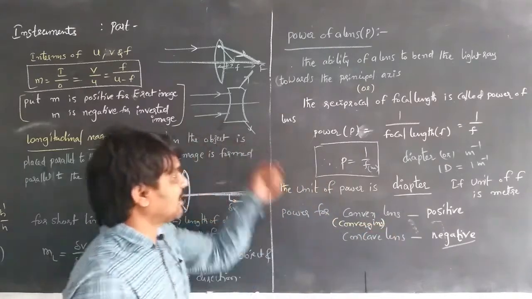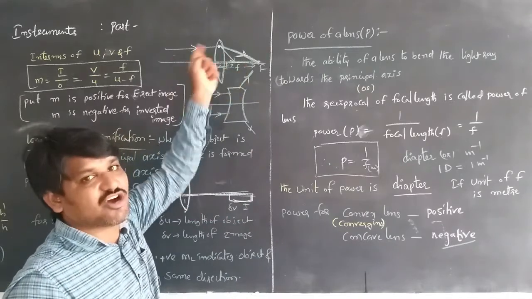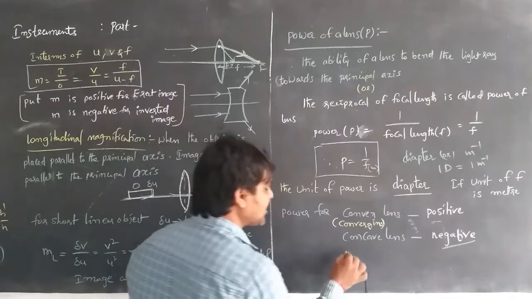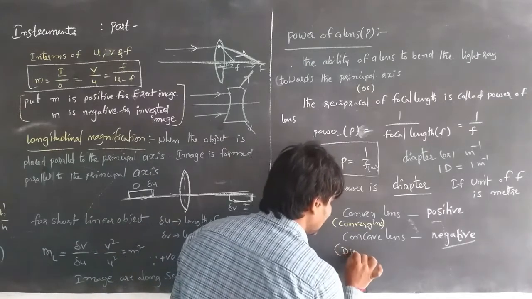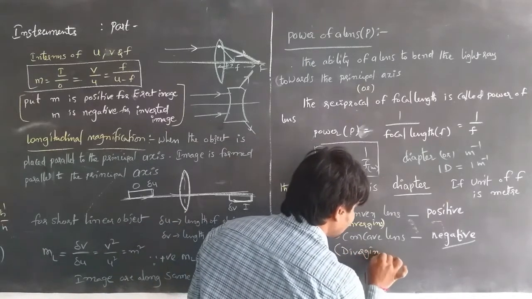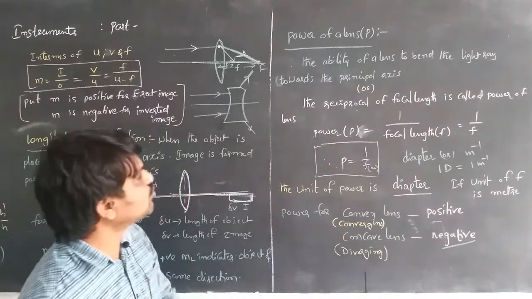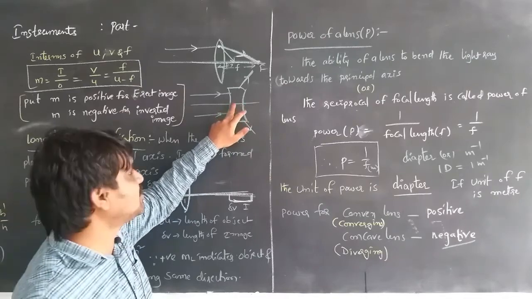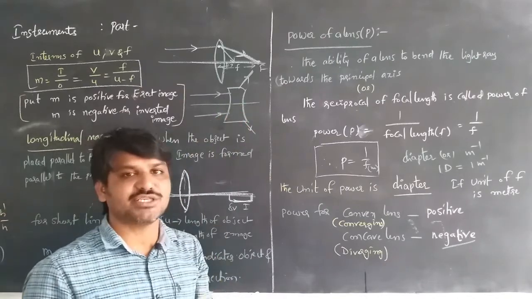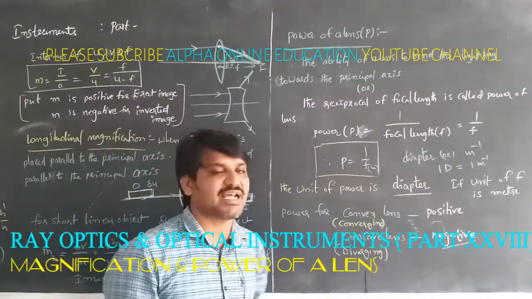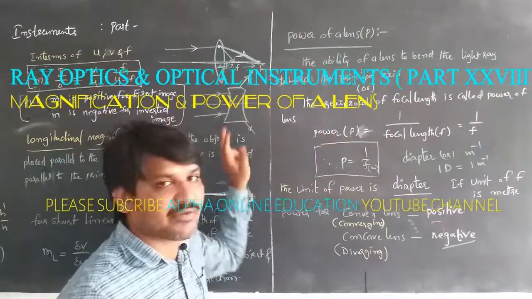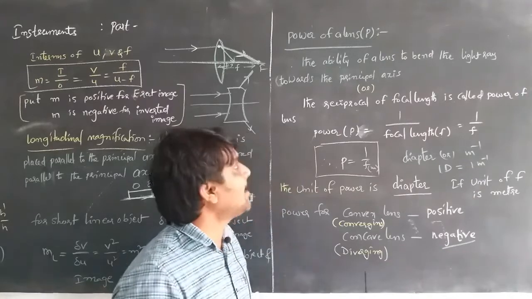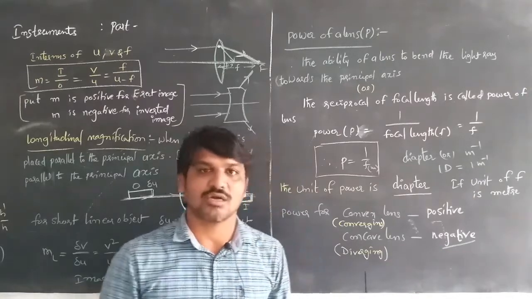The light rays are converged towards the principal axis by the convex lens, so that is taken as positive. A concave lens is a diverging lens, which means the light ray moves away from the principal axis. So the power of a concave lens is taken as negative. This is about the power of convex and concave lenses.